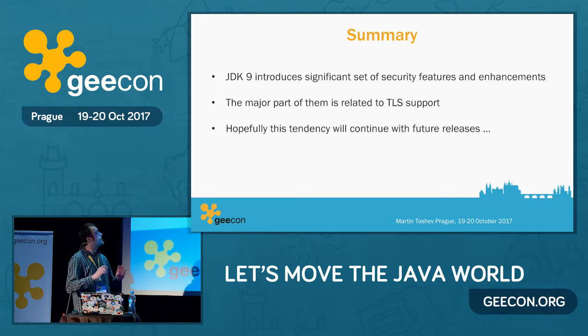Now, as a summary of all this, I would say JDK9 introduces some significant changes to the set of capabilities it provides, especially in terms of TLS support. In the future, we expect the JDK to keep track of the newer versions of the TLS protocol and also of the newer and stronger versions of the various cryptographic algorithms that are supported through TLS or in another fashion.